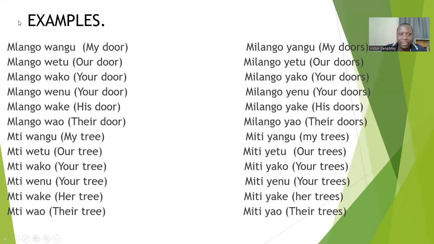Okay, wangu when the noun is in singular, yangu when the noun is in plural. Milango is in plural, that's why we use yangu. Mlango is in singular, that's why we use wangu. Okay, so we see mlango wangu, my door.